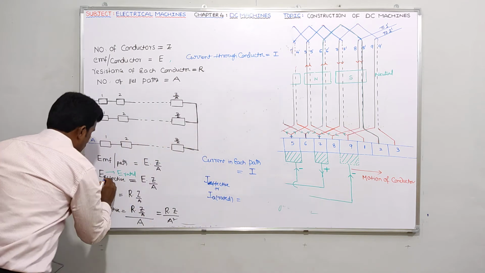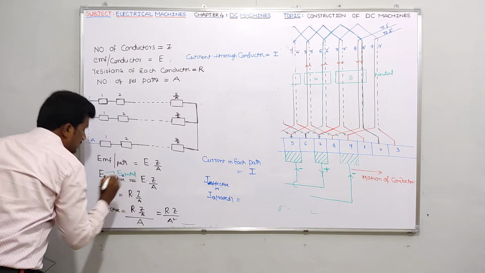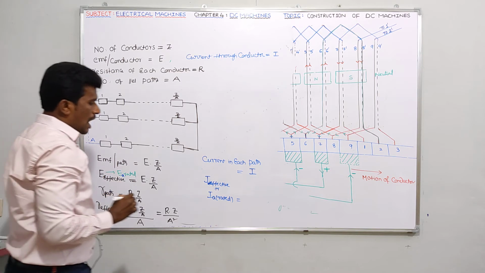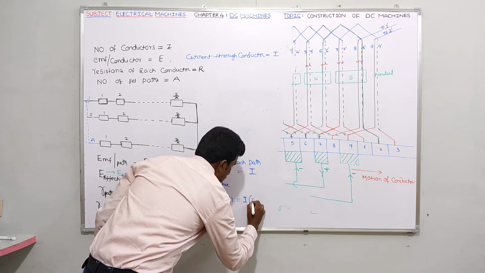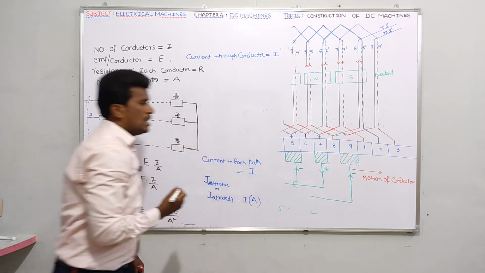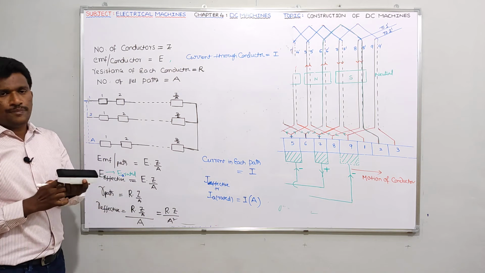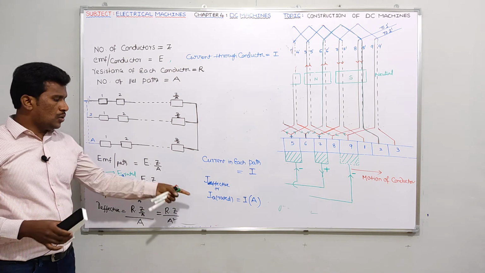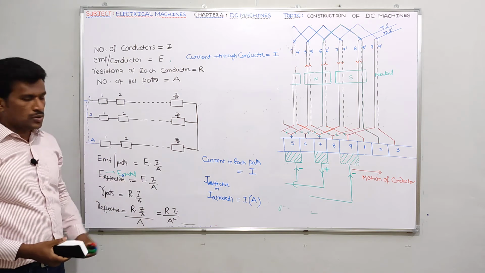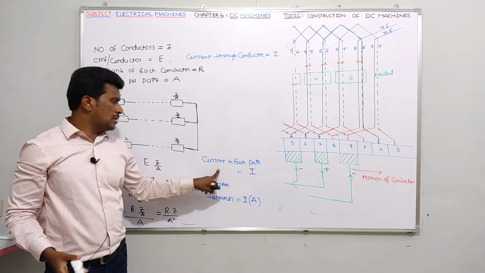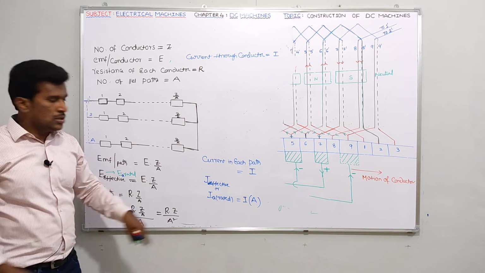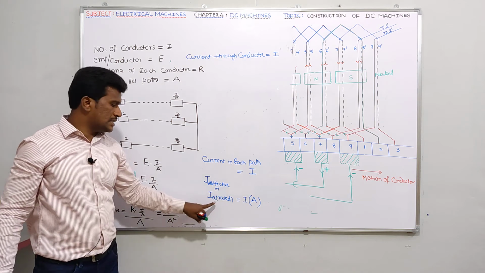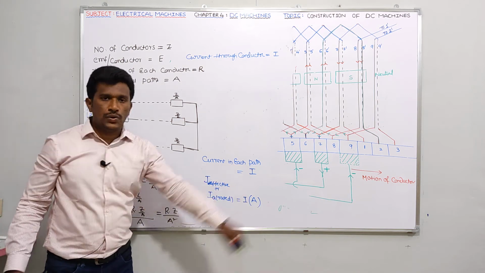Here also, if you want, you can note down E effective or EA rated, armature voltage rated. IA rated value is I into the number of parallel paths, A. Very simple. If they are parallel, we definitely have to add current. For each parallel path the current is I, and we have A parallel paths, so the effective or rated armature current equals I into A.